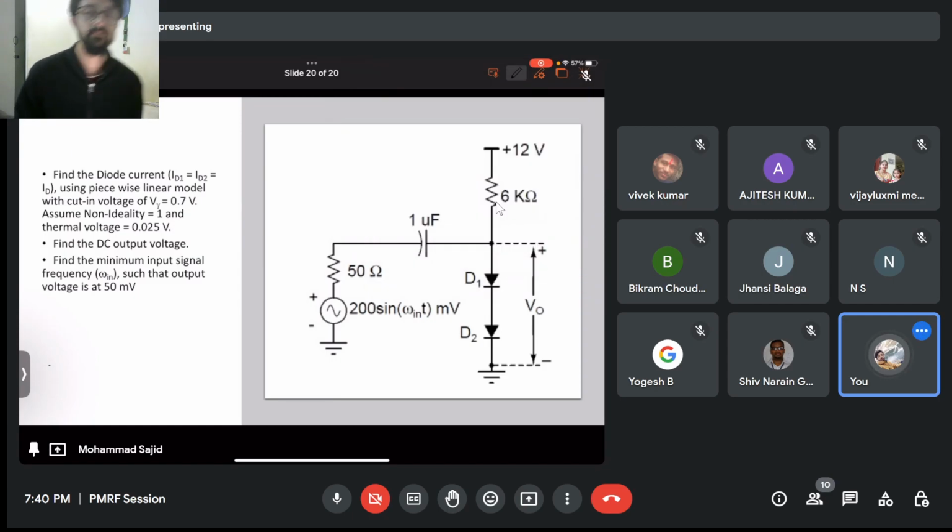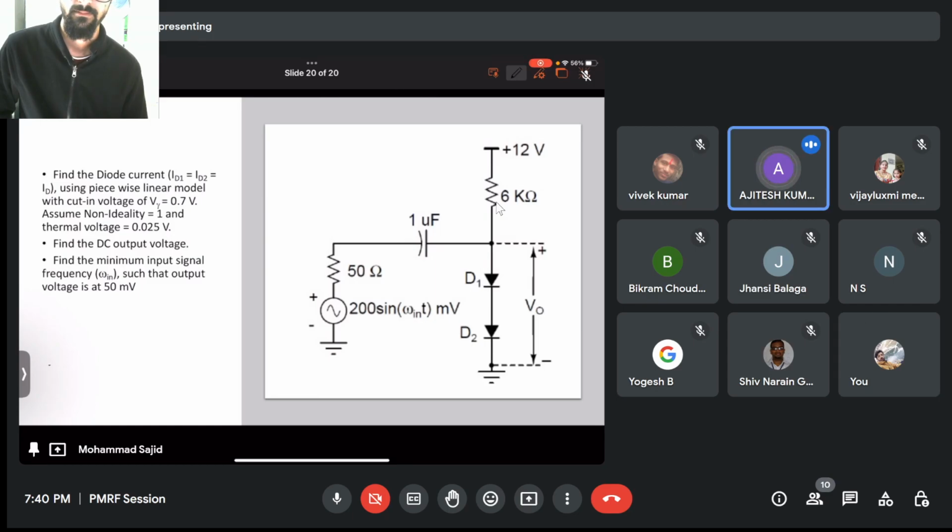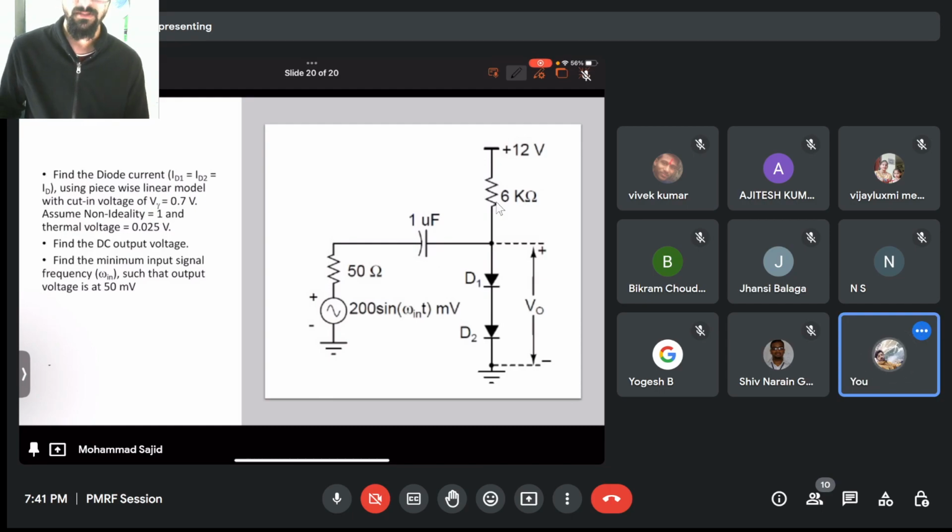Is anybody trying? Or should I just draw the equivalent circuit? This is the last question for the session, so then we can end it. I hope you know how to draw an equivalent circuit, or I can just explain for a bit again. Anybody can say anything? So should I draw?